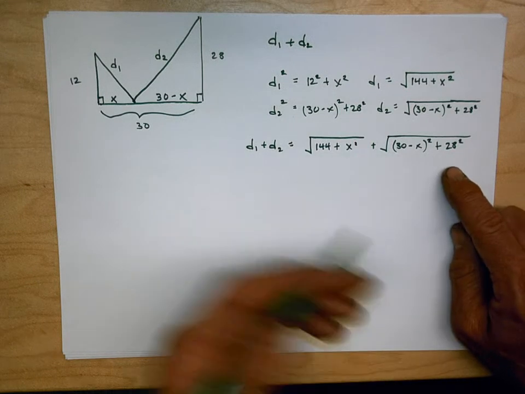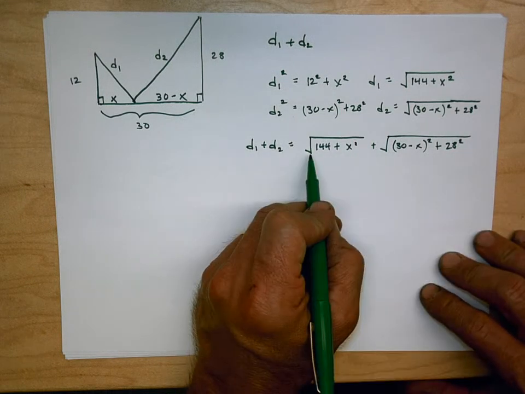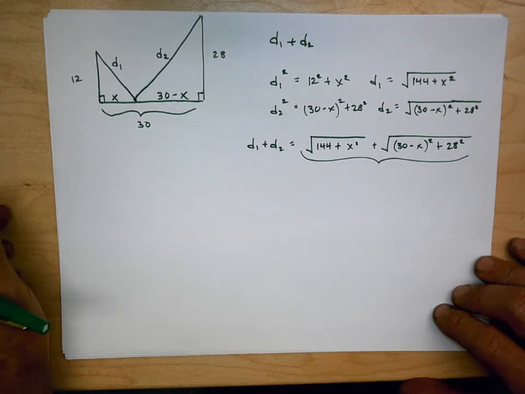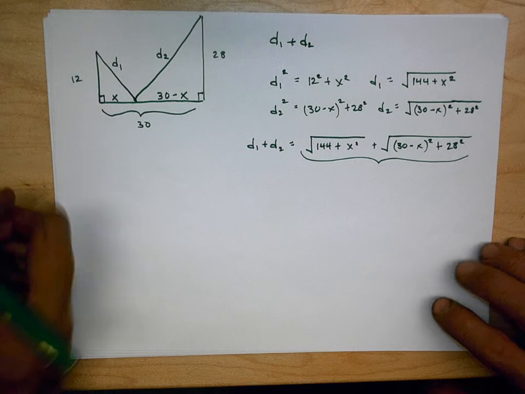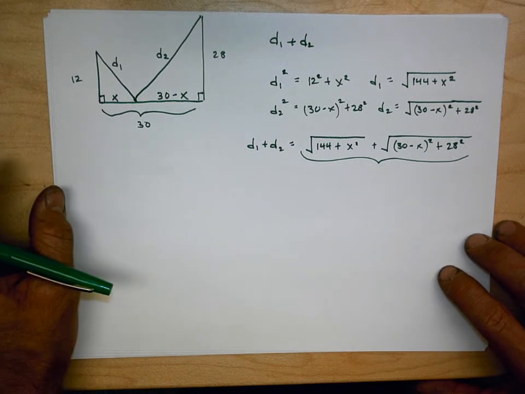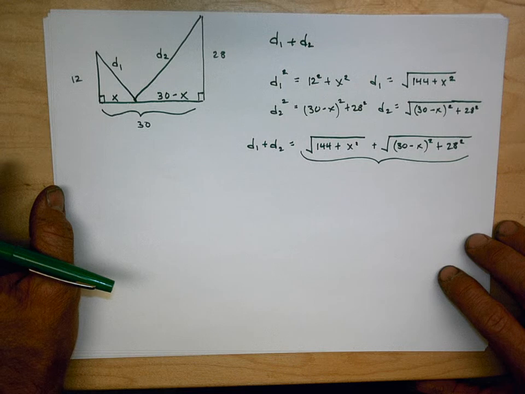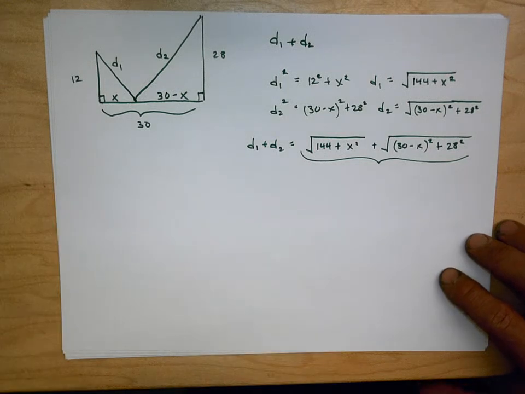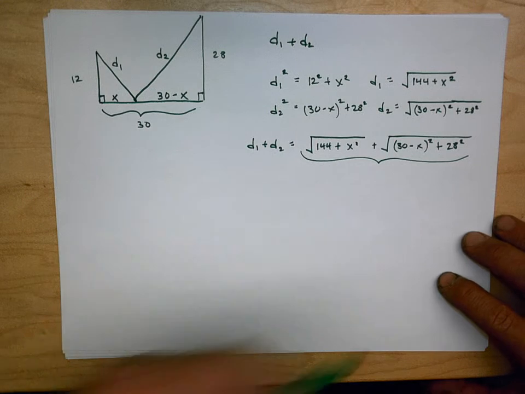So, I will say at this point, one possibility is to go ahead and graph this. And graphically, you could at least get a good idea of where the minimum might be. I'm going to show you how to do it algebraically as well. There's also a number of points during this process that you could graph if you wanted to bypass the algebra.